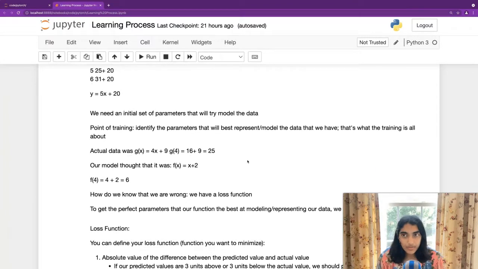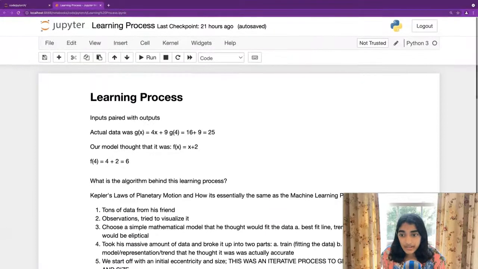For example, if we have a line, we can have different lines, but there's only one specific line that's going to represent our data. We need to try to find that line, because that line is basically the relationship between the input and the output. And once we have that, we can apply it on new data, just like we did here.